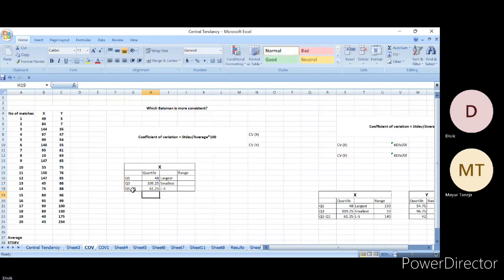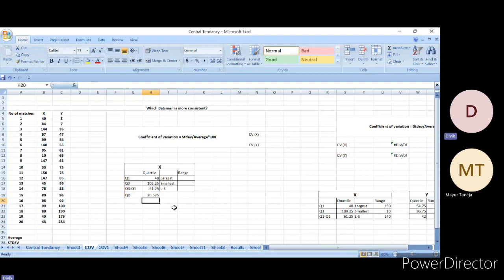This is Q3. The formula for quartile deviation is Q3 minus Q1 divided by 2. So we take this value divided by 2. This gives us the value of quartile deviation.